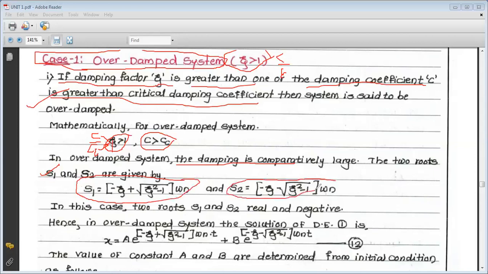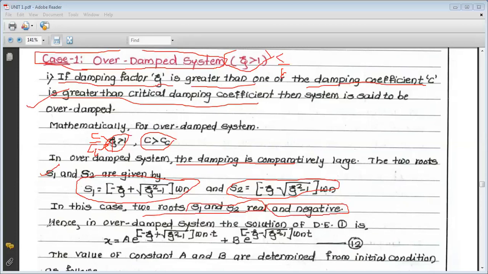In this case, both roots are real and negative, because there is the term minus zeta.